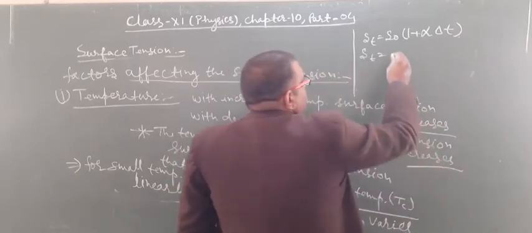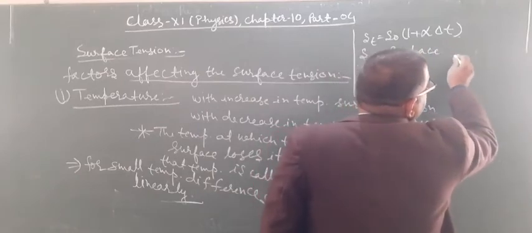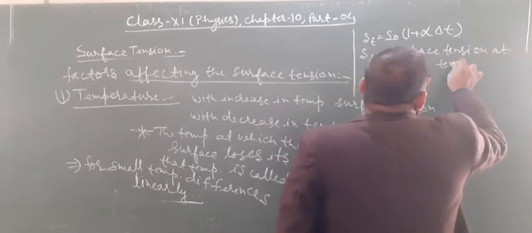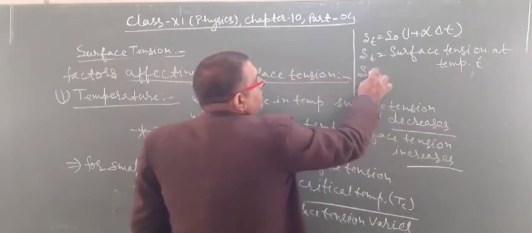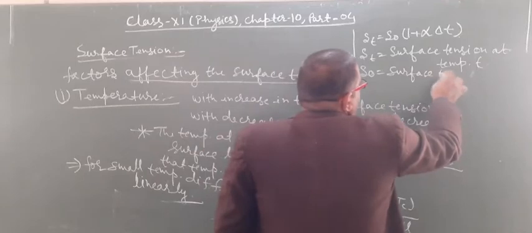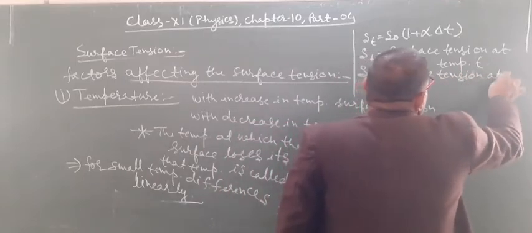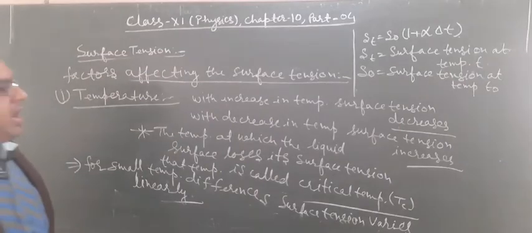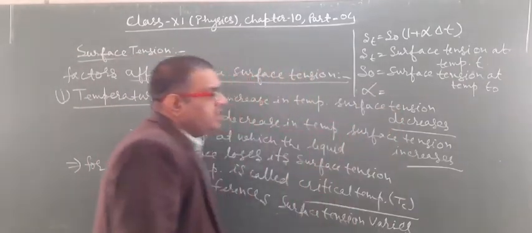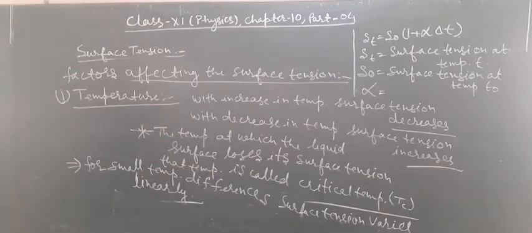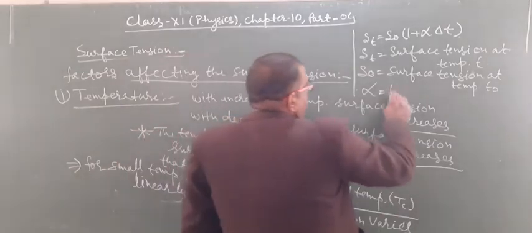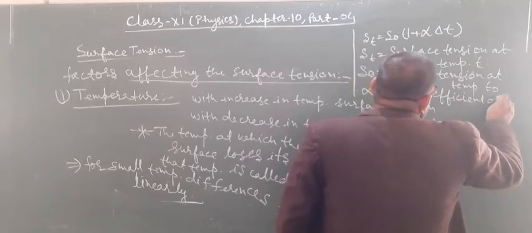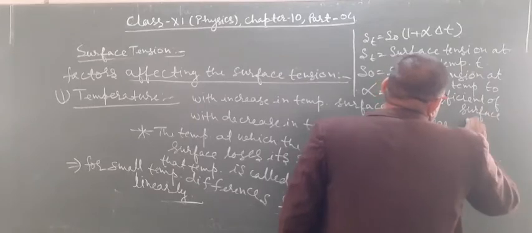St is the surface tension at temperature T, and S naught is the surface tension at temperature T naught, and alpha is the temperature coefficient of surface tension.